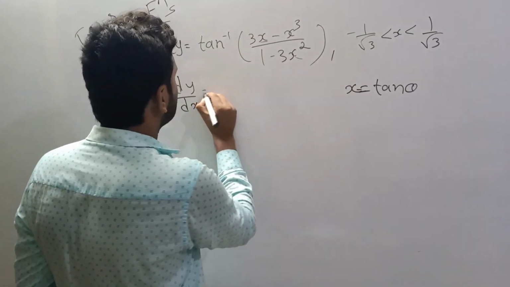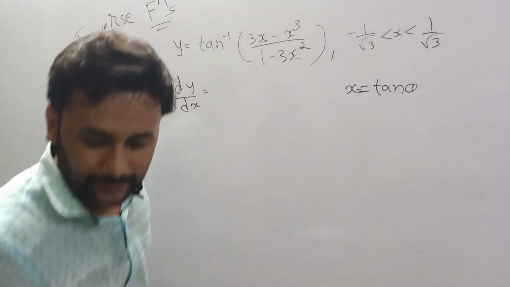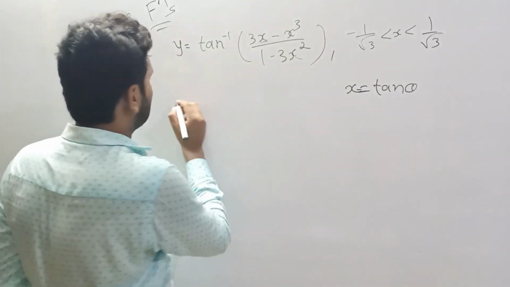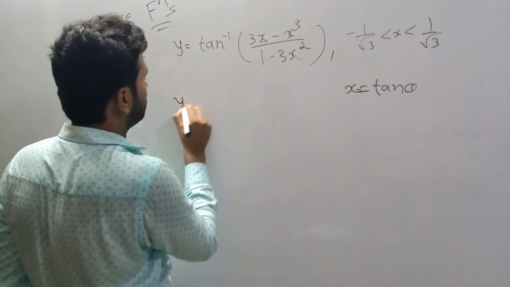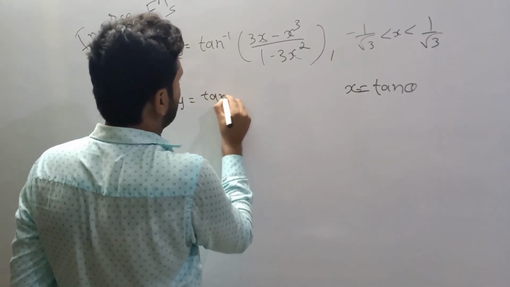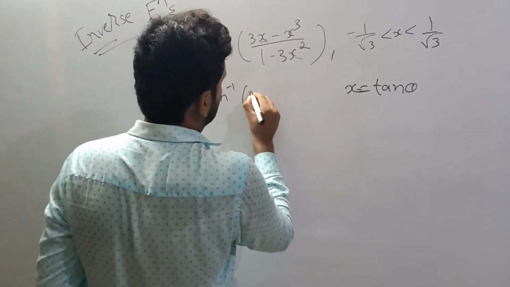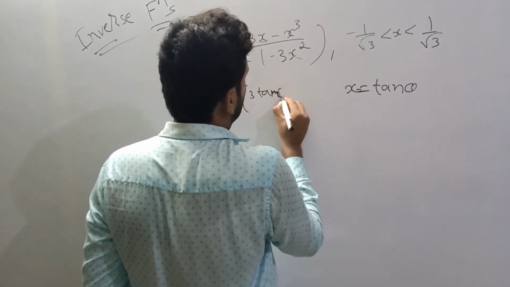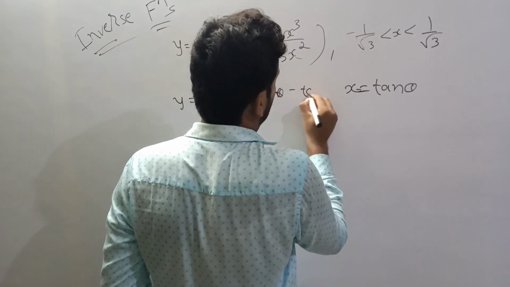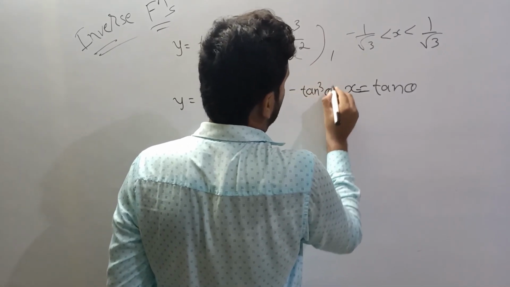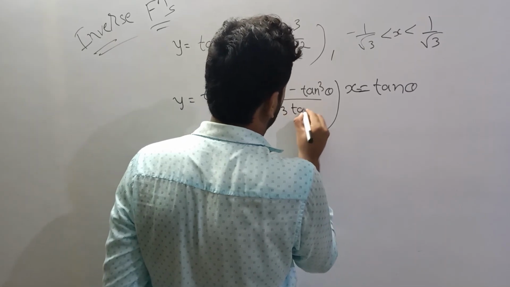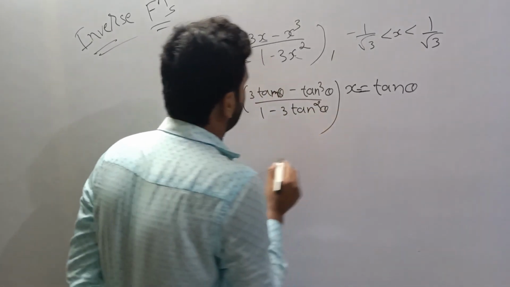then we can say that y is equal to tan inverse of (3 tan theta minus tan cube theta) upon (1 minus 3 tan square theta).